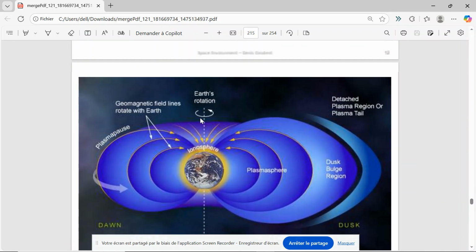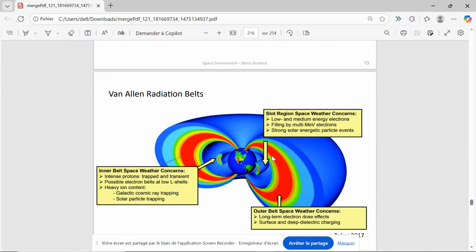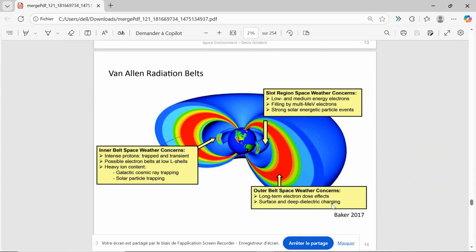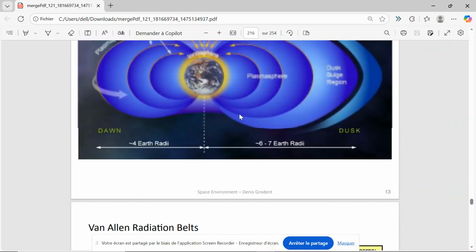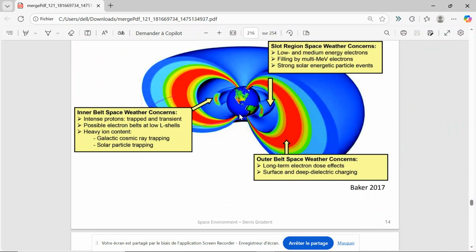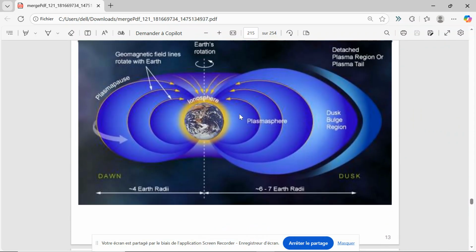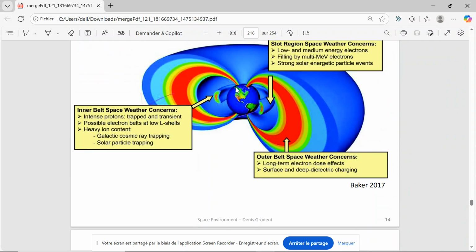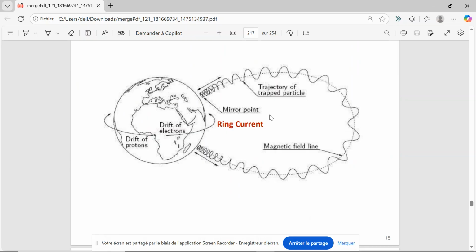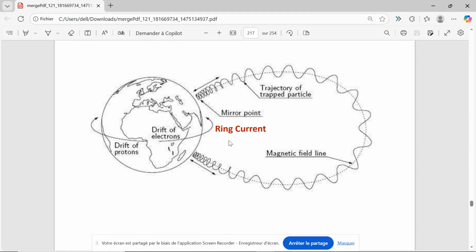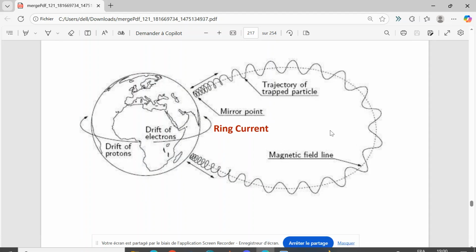So another representation right here of what we talked about, the Van Allen radiation belt, two spatial regions, the inner belt and the outer belt, where we don't want the satellites to travel inside, in order to not be electronically perturbed. So the ring current is due to the fact that the drifts of electrons and protons are in opposite directions, so it creates a net current.